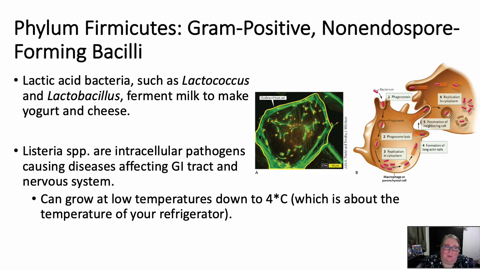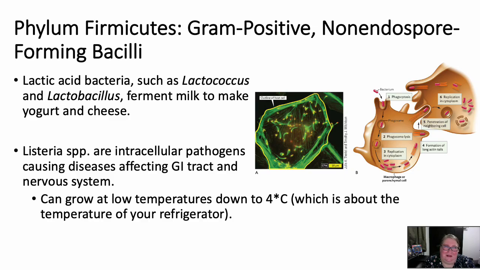So they're going to ferment milk to make milk products, things like yogurt and cheese. In fact, a lot of times yogurt is going to be something that people who are lactose intolerant can eat because lactococcus and lactobacillus and these dairy bacteria have actually converted the lactose into something else. So you're not going to be as allergic or reactive to it.